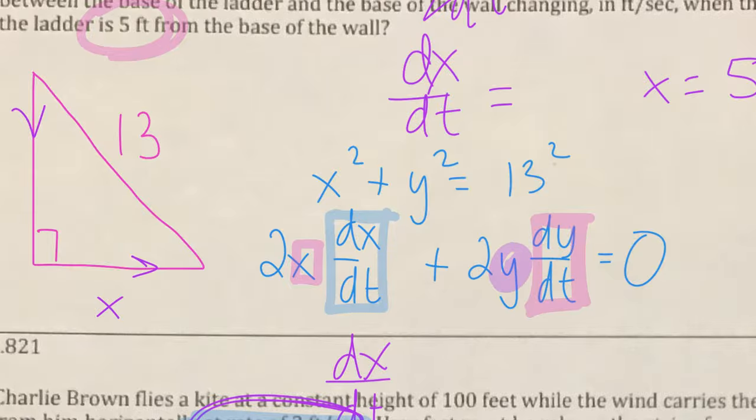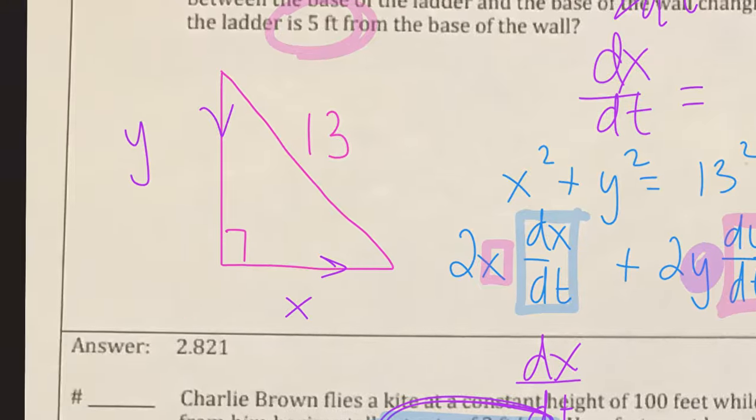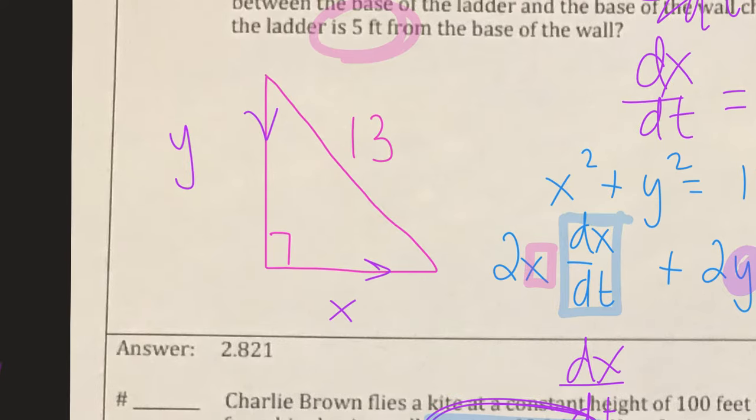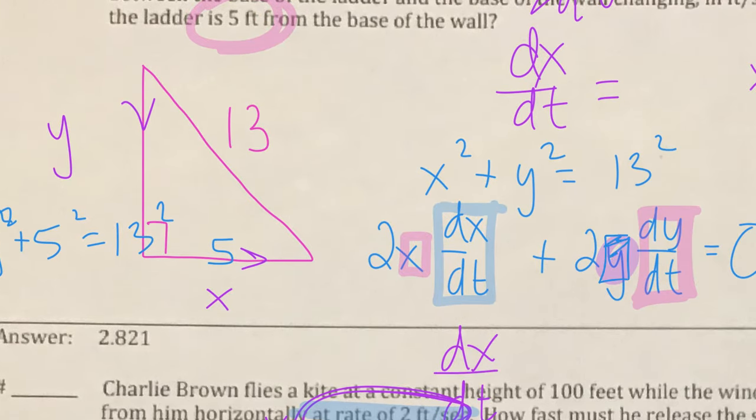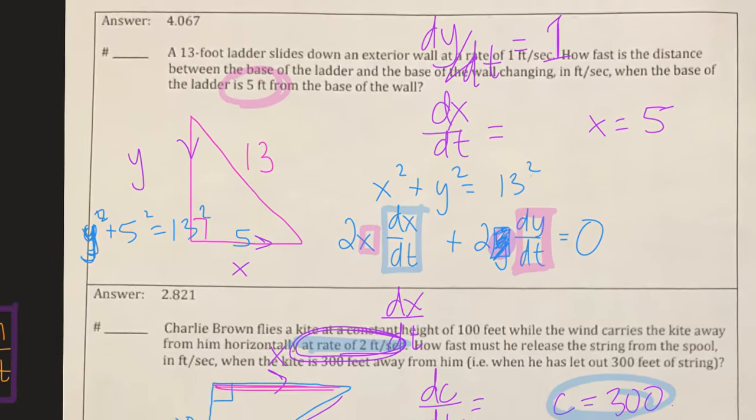So once again, let's come over here and do a little Pythagorean theorem. We know that y squared plus 5 squared equals 13 squared, right? When x equals 5, we can figure out what our y value is. Once you figure out your y value, we plug that in here. Now we have a bunch of numbers, and you can solve this for dx/dt.